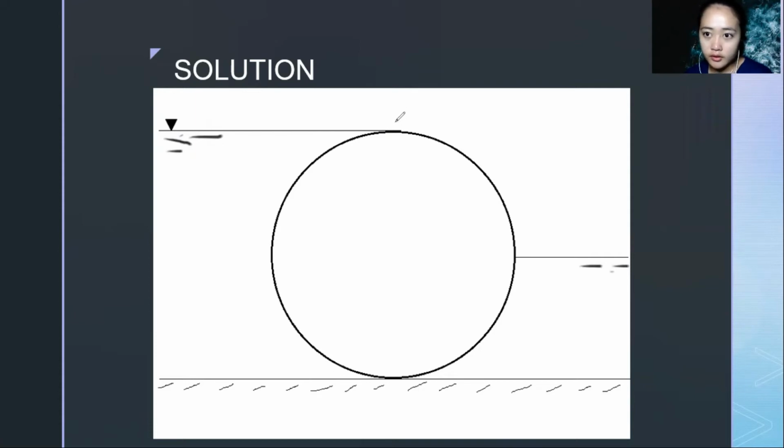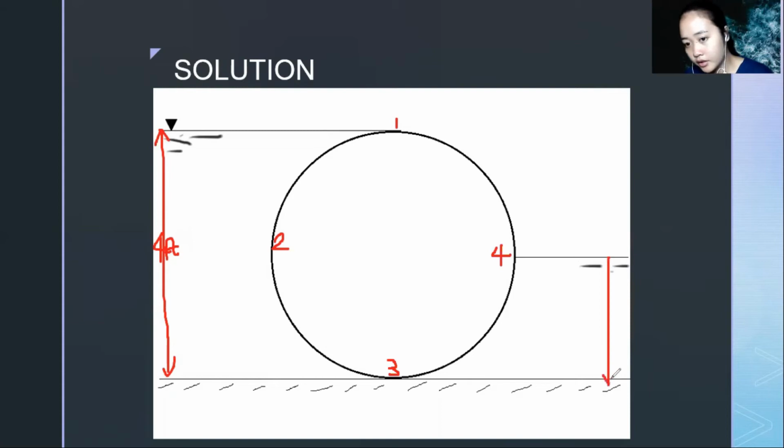We're going to do it piece by piece. So let's make it point 1, point 2, point 3, and point 4. The diameter is 4 feet, and here, obviously, this is 2 feet.